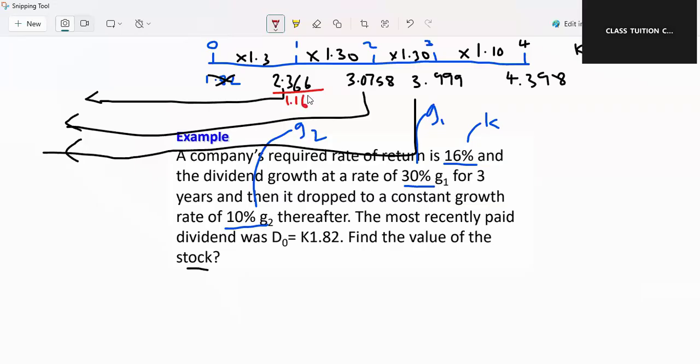When you discount this one, divide by 1 plus R, 1.16 to the power 2. You discount this, the present value, remember topic 1, 1.16 to the power 3. We want to find the value of stock now. So let's discount these and add them up. So 2.366 divided by 1.16, you will get 2.04.